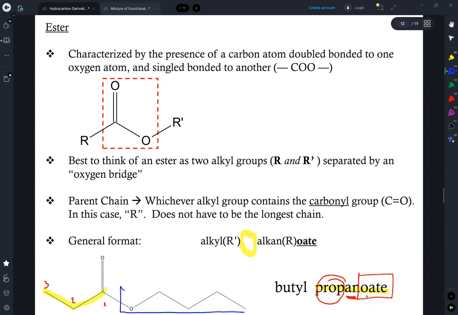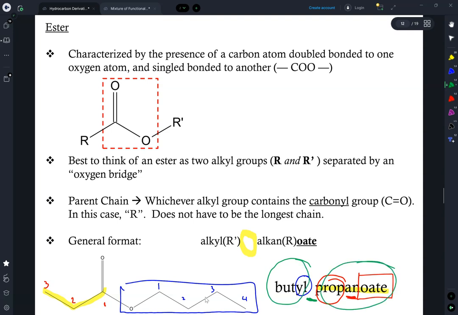Now, the remaining part of the ester is on the other side of the oxygen bridge. To show the reader that it is not part of the parent chain, but instead it's a branch, we have a yl suffix. And then the but to show that there are 4 carbons in this branch, 1, 2, 3, and 4. We then leave a space between these 2 components, so the reader knows that this is the branch, while this side is the parent chain.